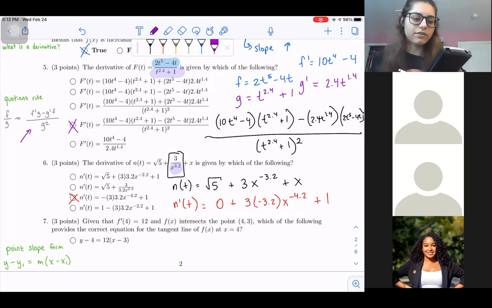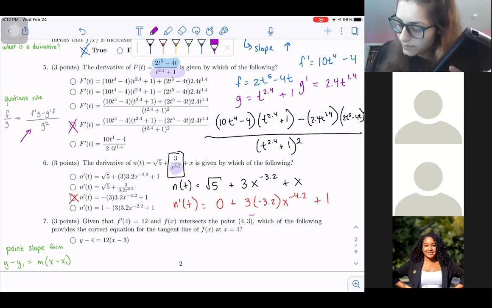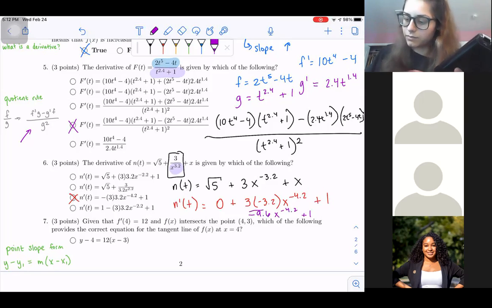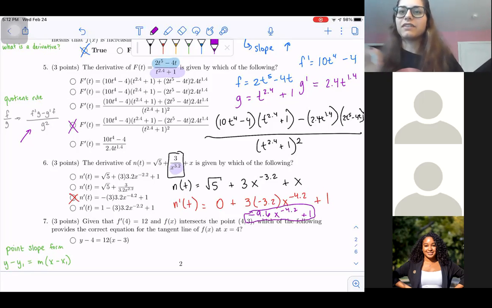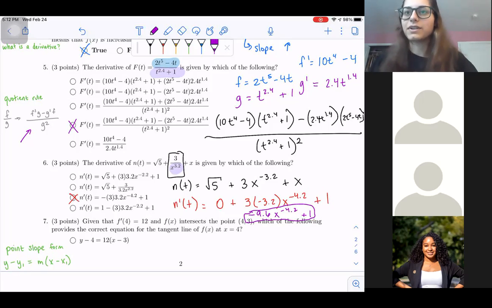So we would have negative 9.6 x to the power of negative 4.2, plus 1. That would probably be your final answer. But in this case, it's multiple choice. They left it unsimplified, so I just didn't take that extra step. But yeah, great question. Thank you.